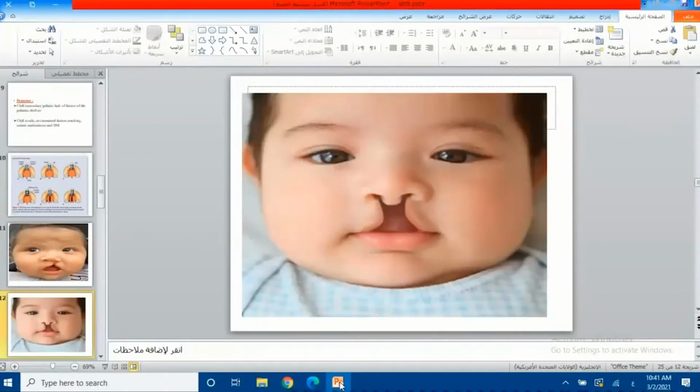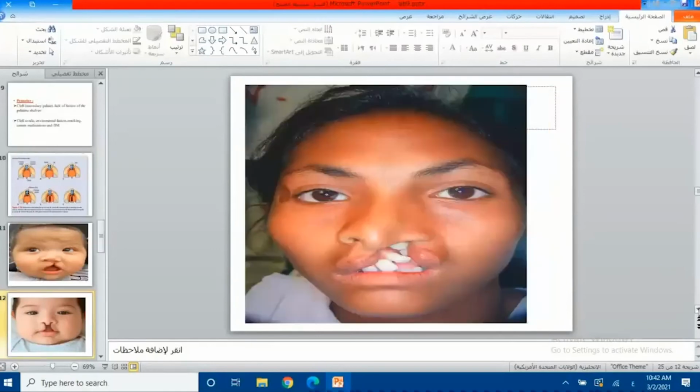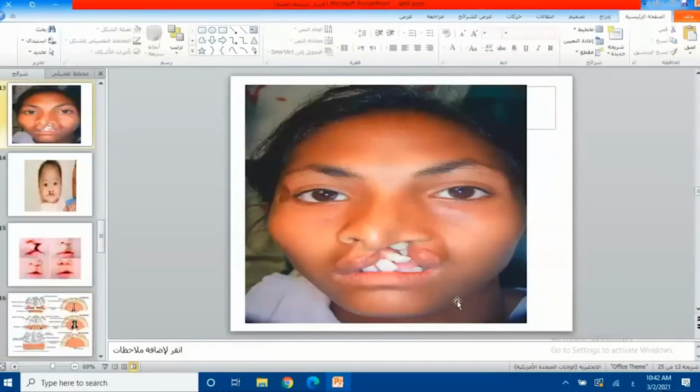Yes. Extended to the nose. We don't know if it's extended to the jaw because we can't see it by our eyes, but I think it is extended to the jaw, isn't it? Maybe. Okay, thank you very much. What about this one?